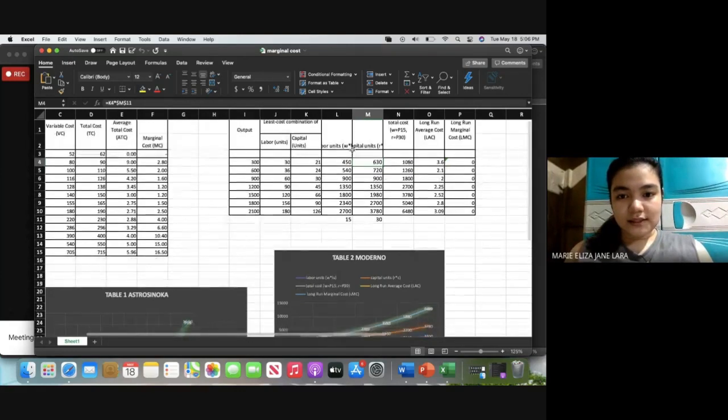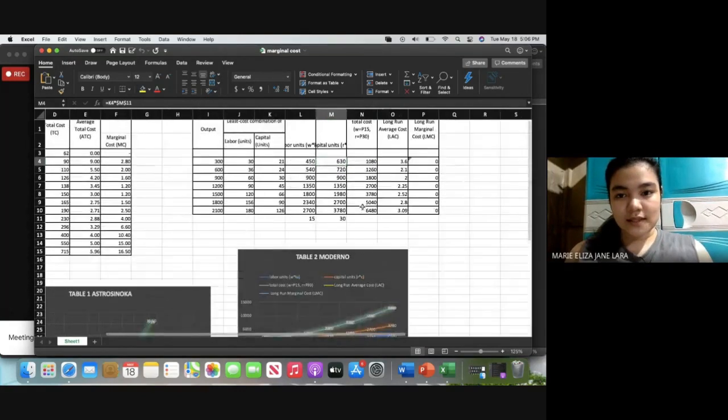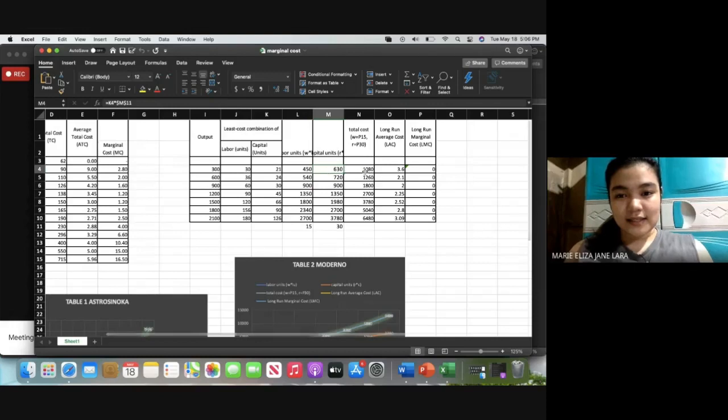And then I got these values, and then this is what I added. So the labor cost and the capital cost equals the total cost.